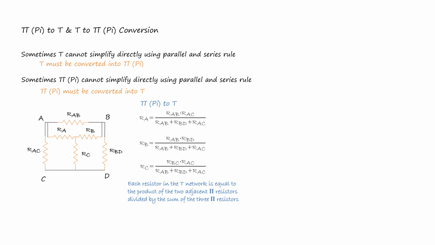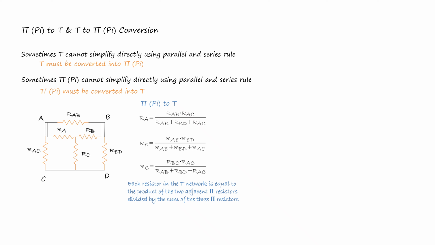For example, for RA, the adjacent resistors in pi are RAC and RAB. So simply we multiply the two adjacent resistors and divide by the sum of the three resistors in the pi network.